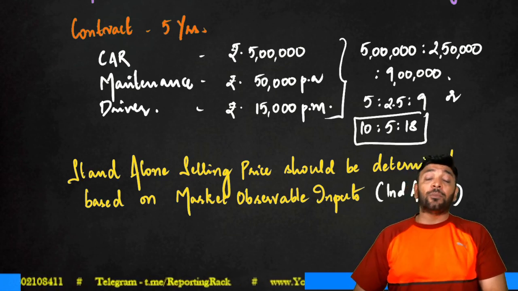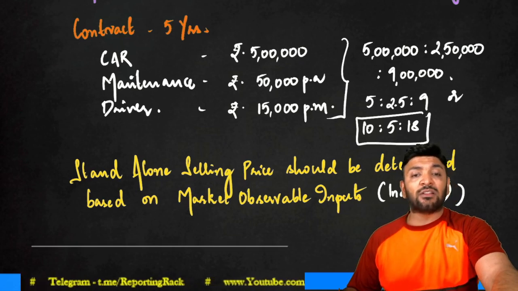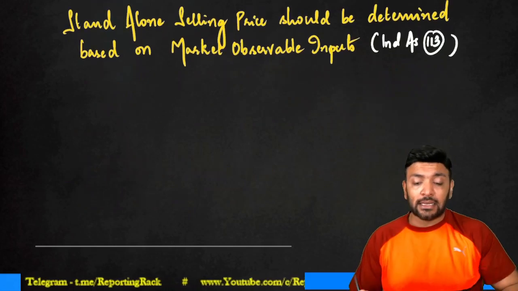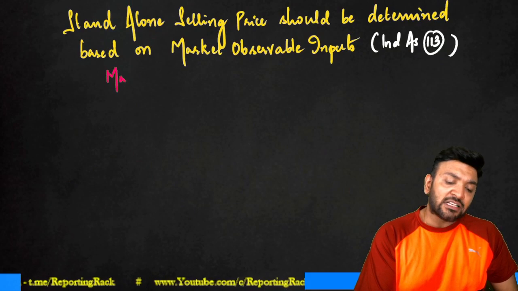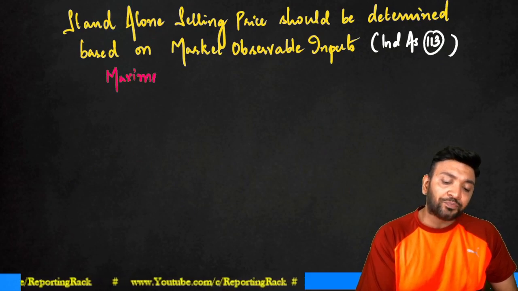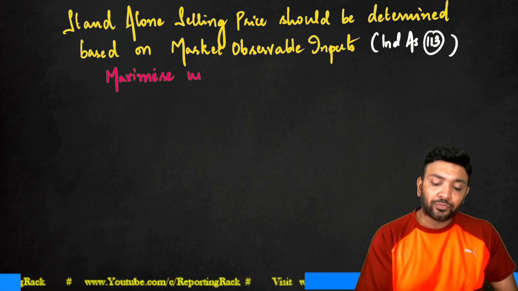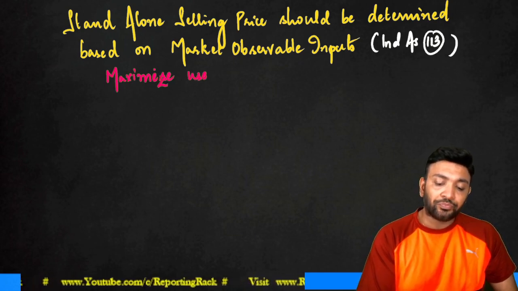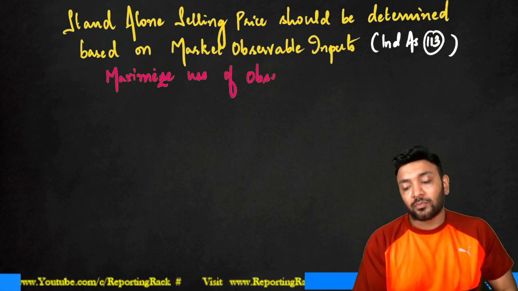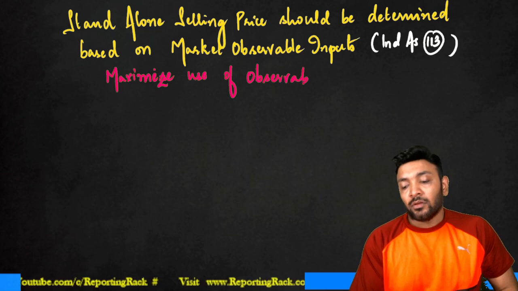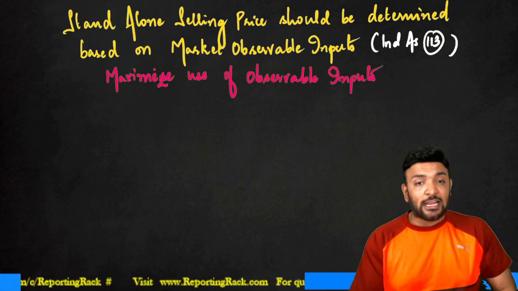Standalone selling price should be determined based on market observable inputs. So as per IND AS 113, you have to maximize the use of observable inputs. These are the paragraphs of IND AS 113.